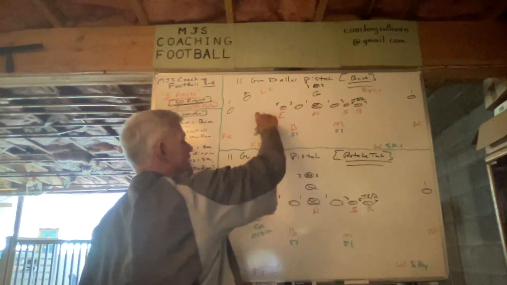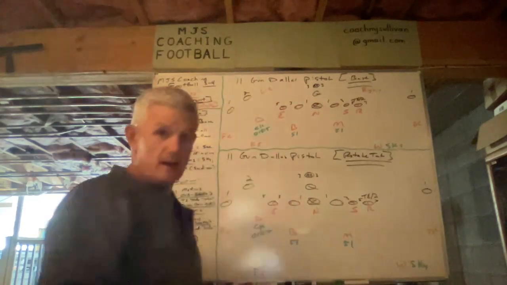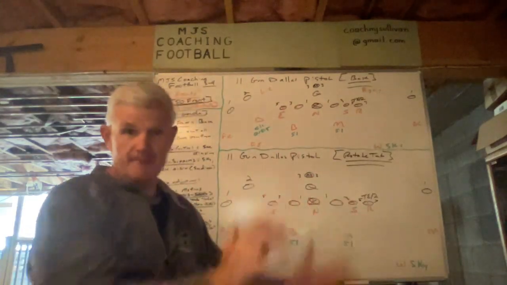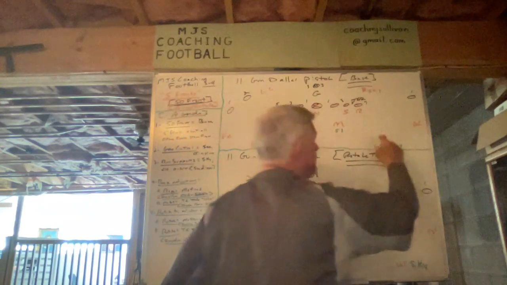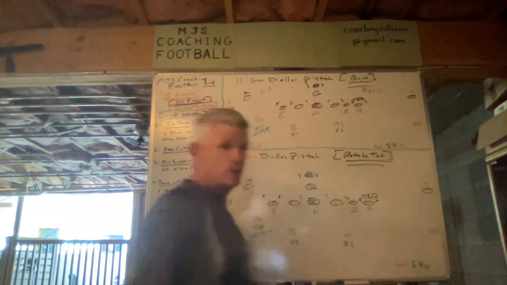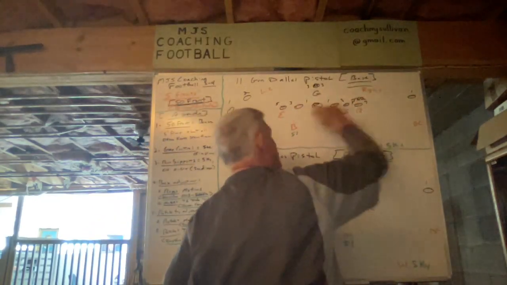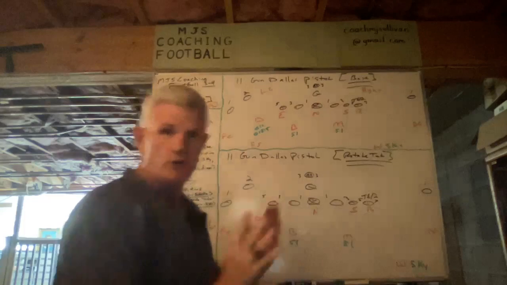So that means the outside linebacker here technically has the D gap, the 7 hole, like over here. The safety's going to force the ball here in the 7 gap or the D gap. And the force turns the ball back in to everybody else who is pursuing inside out.